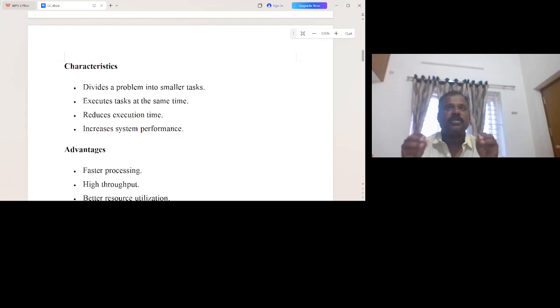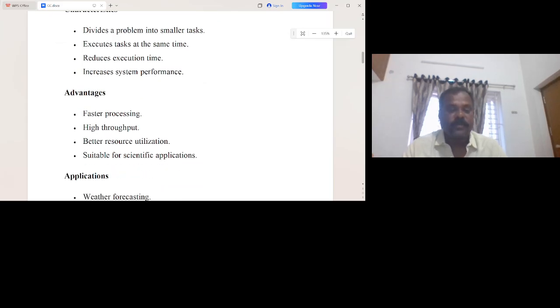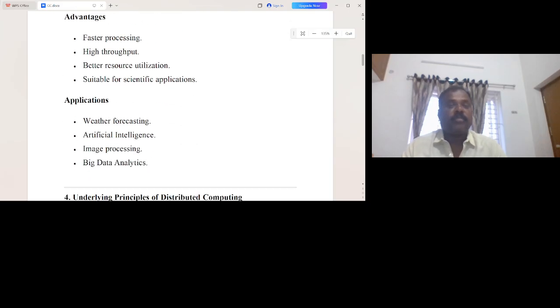For example, a main model is divided into four submodels, and all the submodels are executed at the same time. This reduces execution time and increases the performance of the system. The main advantages: faster processing, high throughput, better resource utilization, suitable for scientific applications. The main applications of parallel computing: weather forecasting, artificial intelligence, image processing, and big data analytics.